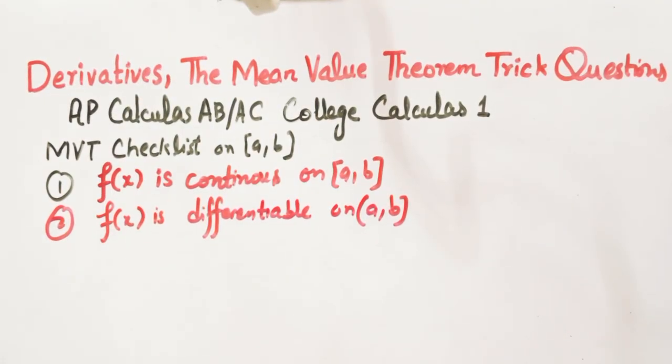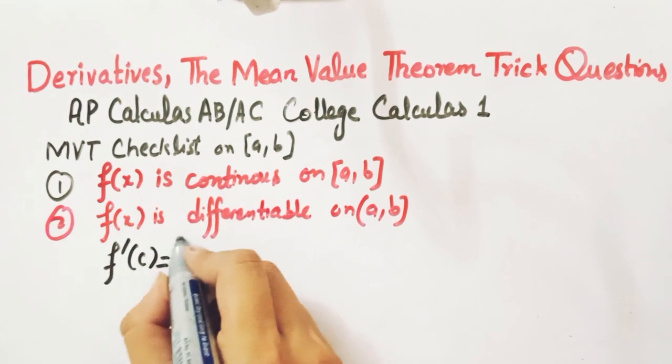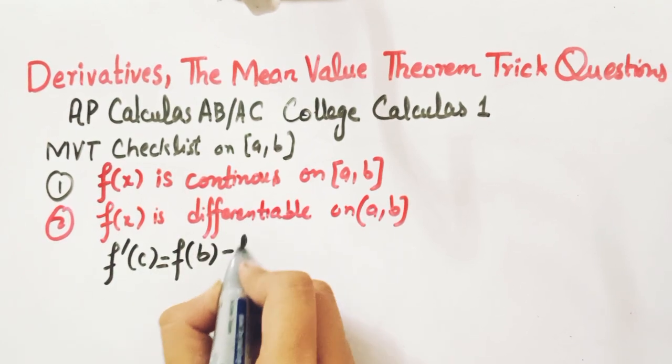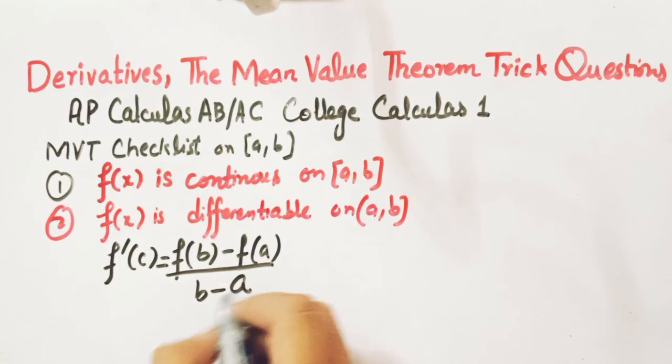Now directly underneath, write down the golden MVT equation. That will be f prime of c equals f of b minus f of a, divided by b minus a.